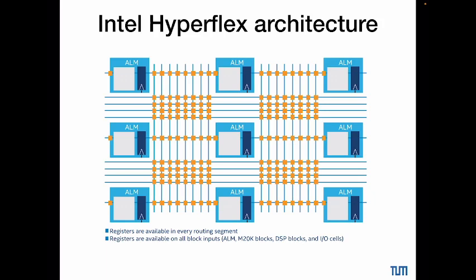What is important is that at all these cross points of the connection network, these modules obviously have to be connected, and you program which output from this module goes to which input of another module. And also here in front and at the end of the ALM, you have registers, and you can use this in a pipeline mode.